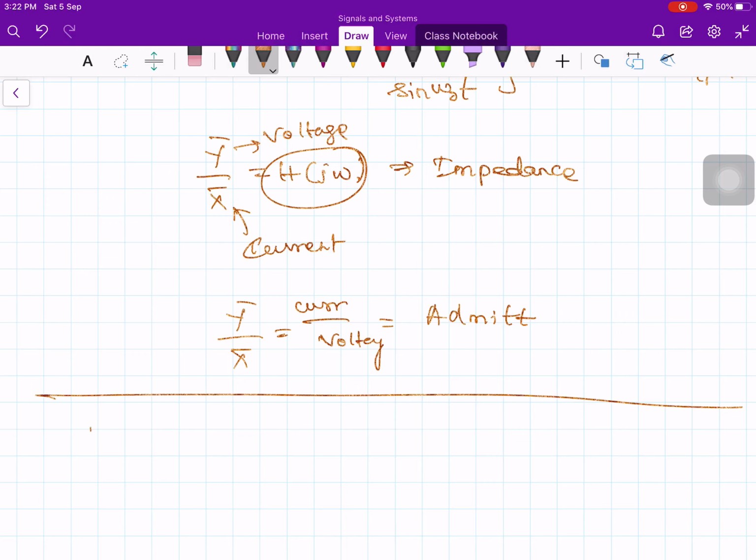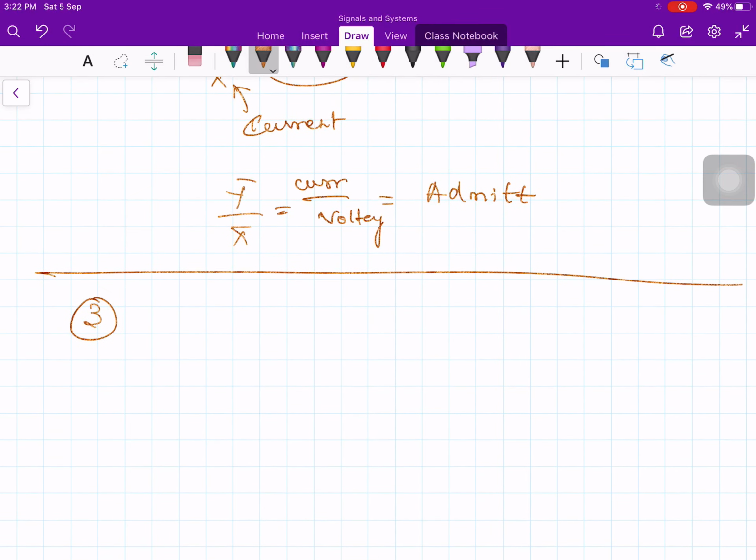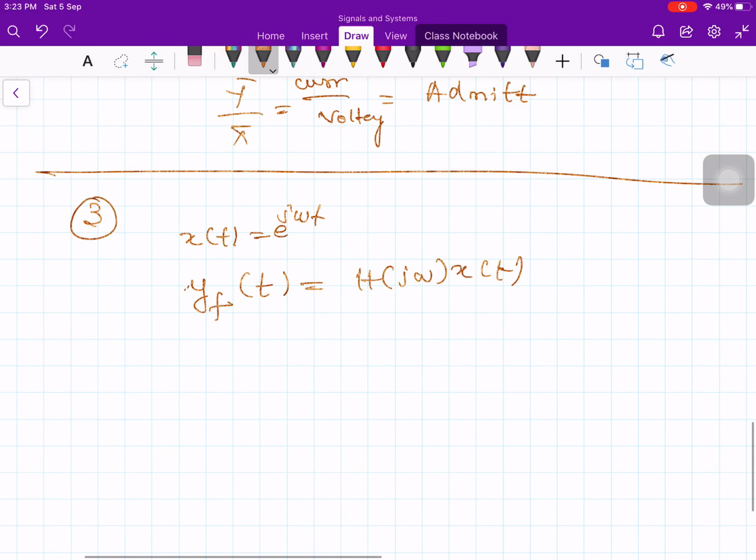The third implication is, if you have an input x of t which is an exponential function, x of t equal to e to the j omega t, then the forced response, which we already discussed, y f of t is equal to h of j omega times x of t.